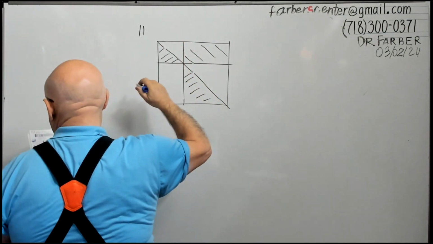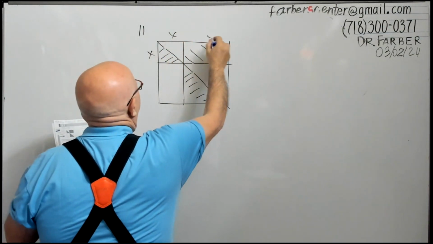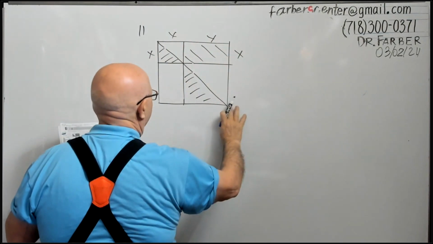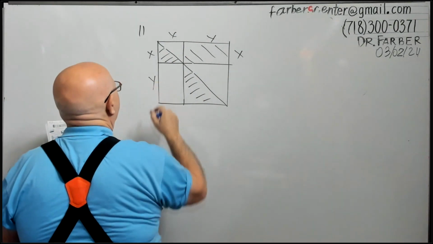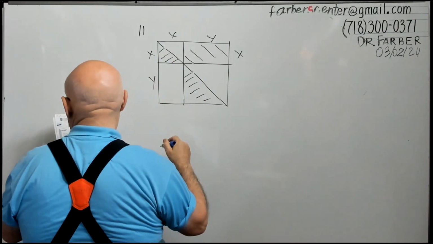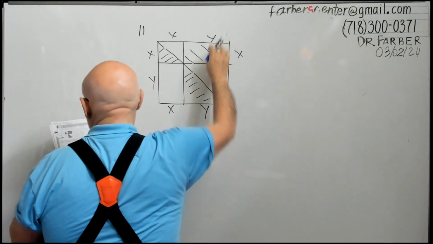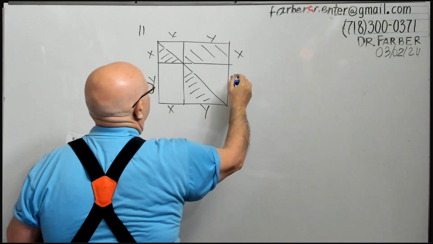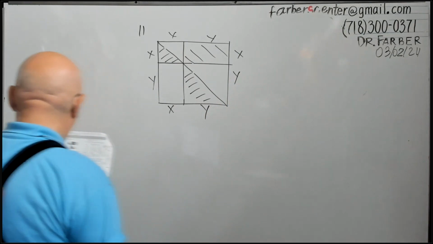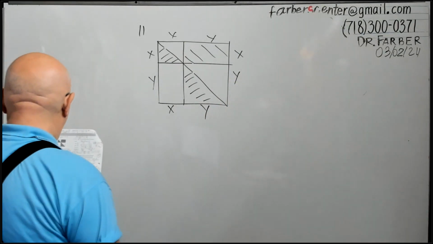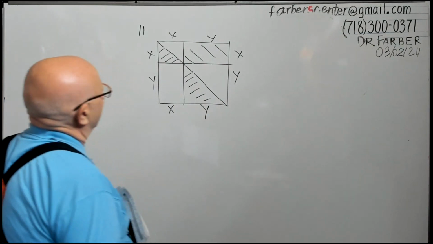And what do we have here? X, Y, X, Y. X, Y opposite sides, right? And this X is also Y. And what is the question? What is the area of the shaded region in terms of X and Y?